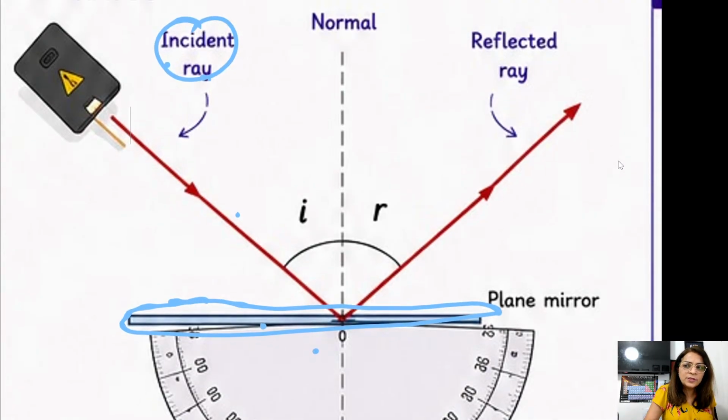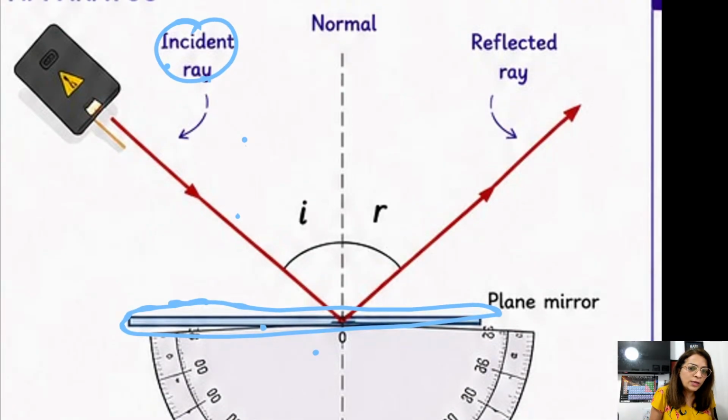When you shine a light here, it hits the mirror and this light reflects back. We call it the reflected ray.